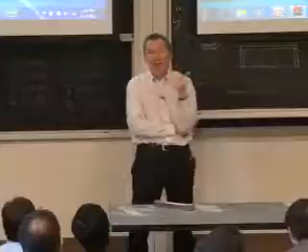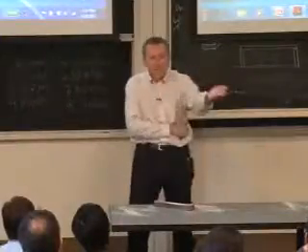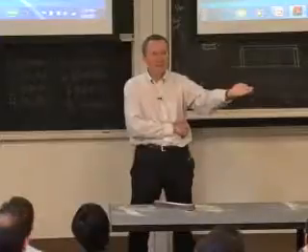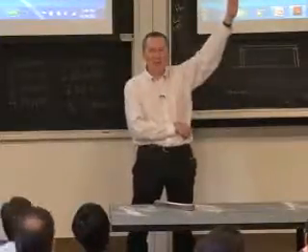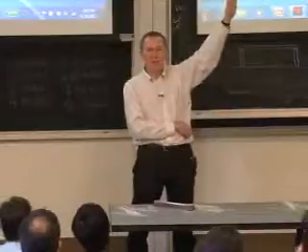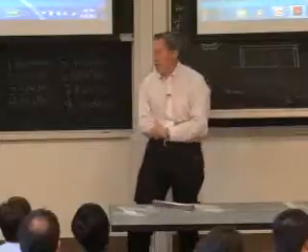Would you use A, neural network, or B, decision tree? Let's take a vote. How many would use neural network? How many would use decision tree? Okay. I would use a neural network.